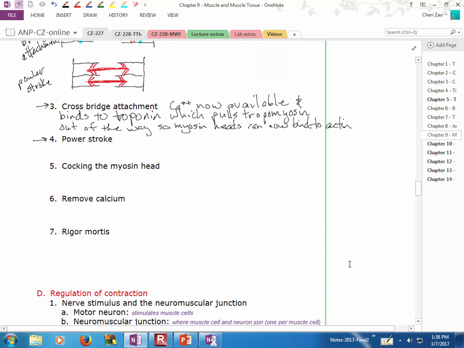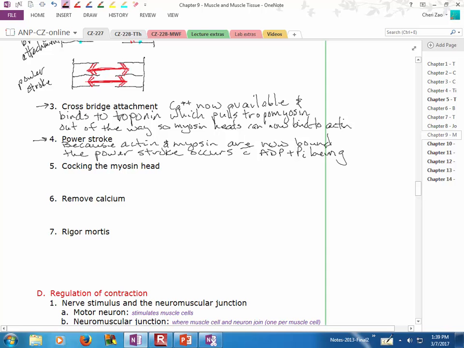The power stroke occurs because of the binding. Okay? Because actin and myosin are now bound or attached, the power stroke occurs with ADP plus inorganic phosphate being dropped off.